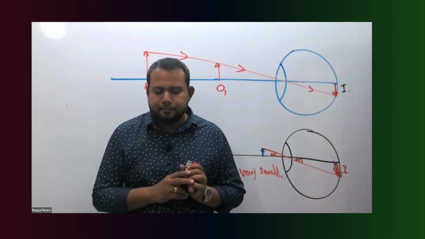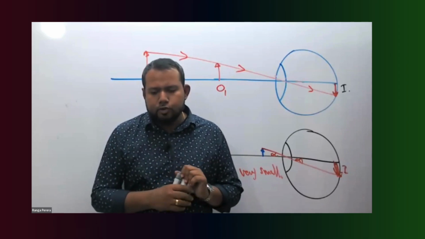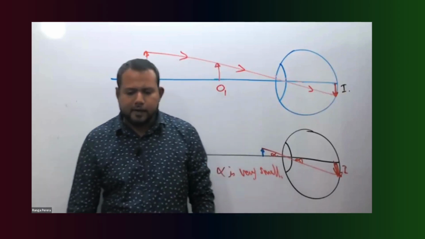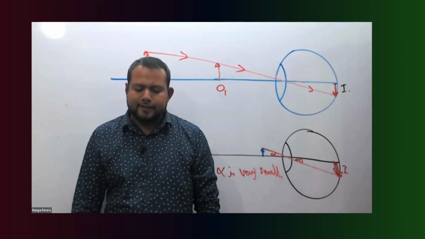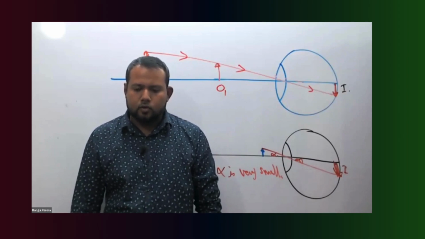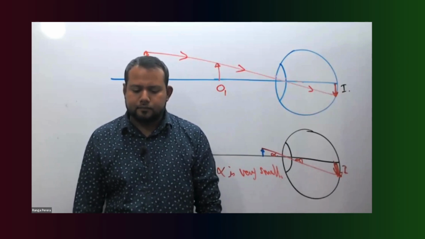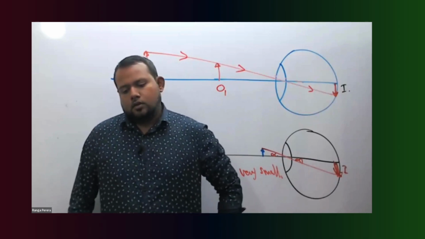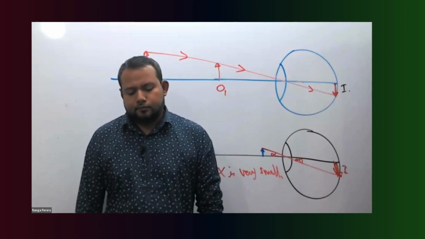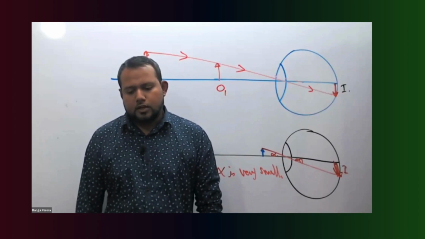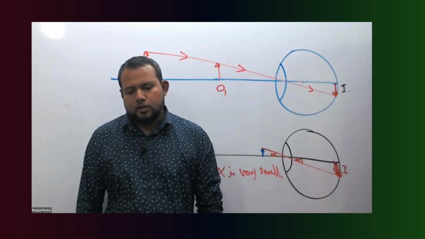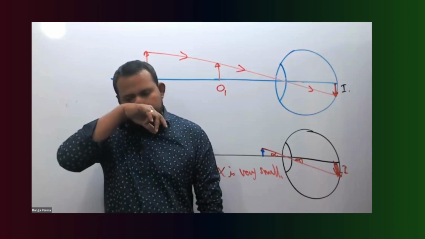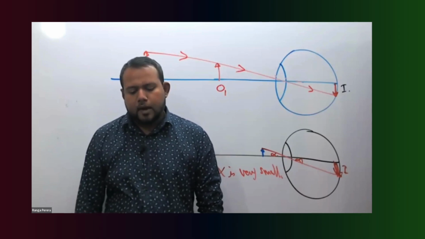Optical instruments are widely used to increase the visual angles of objects which can't be seen clearly by the naked eye.